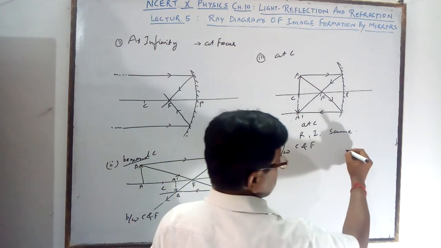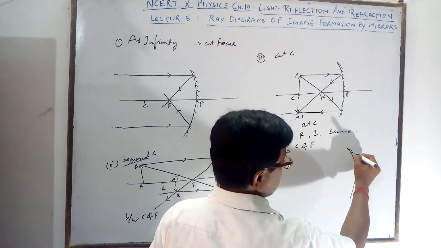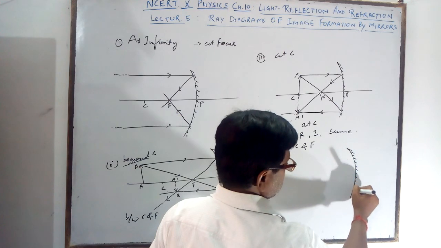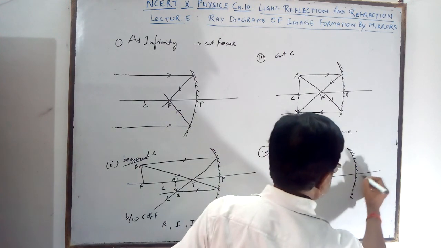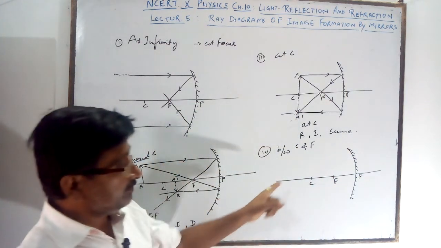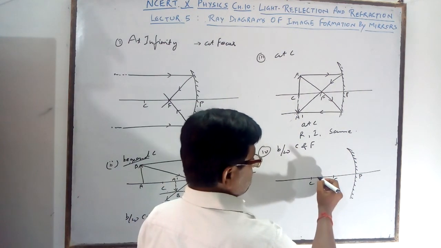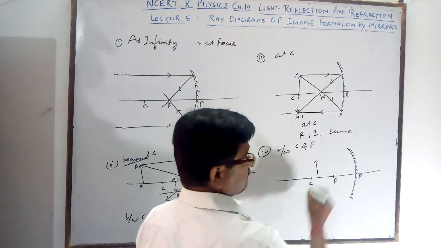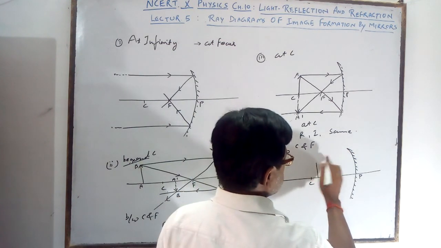Object is between C and F, then where will it be formed? I have given all the conditions in the previous lecture, you must remember it. Then easily you can draw. Between C and F means the object is at this place.